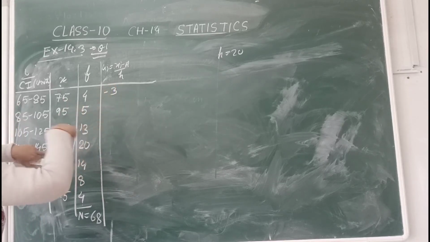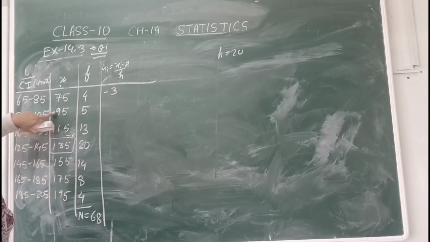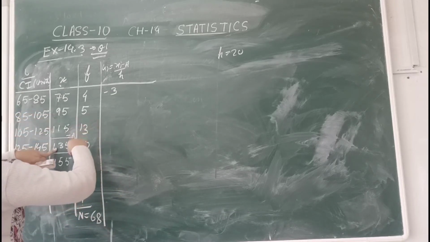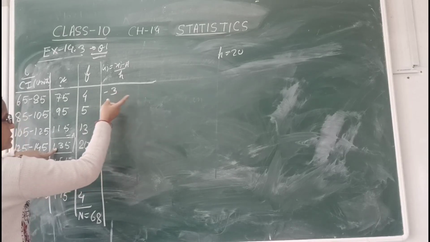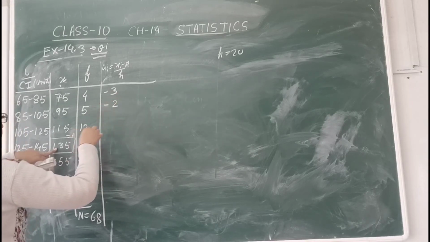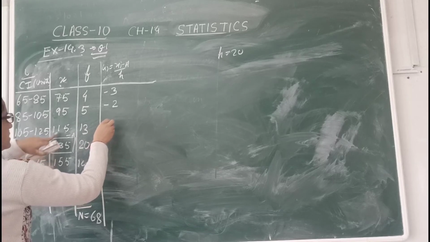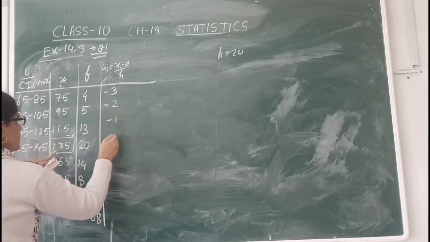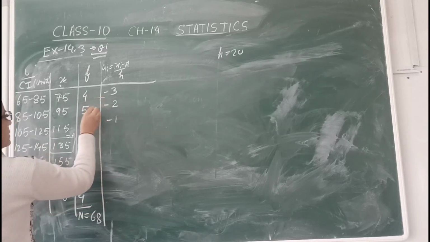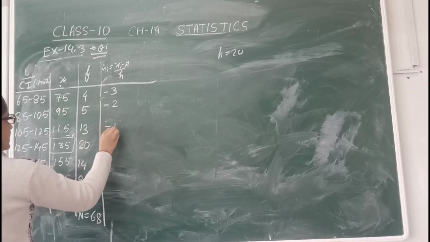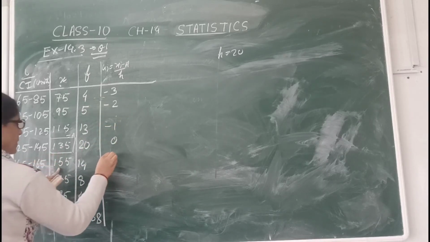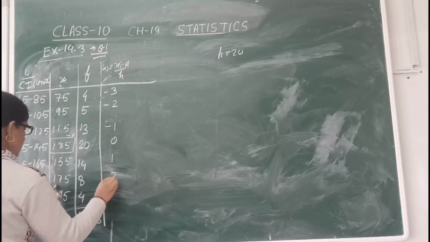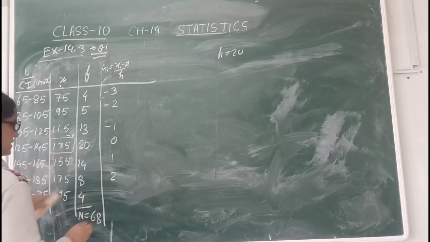Then minus 40 by 20 is minus 2. Then minus 20 by 20 will be minus 1. Then over here 0. Then 1. Then 2. And then 3.